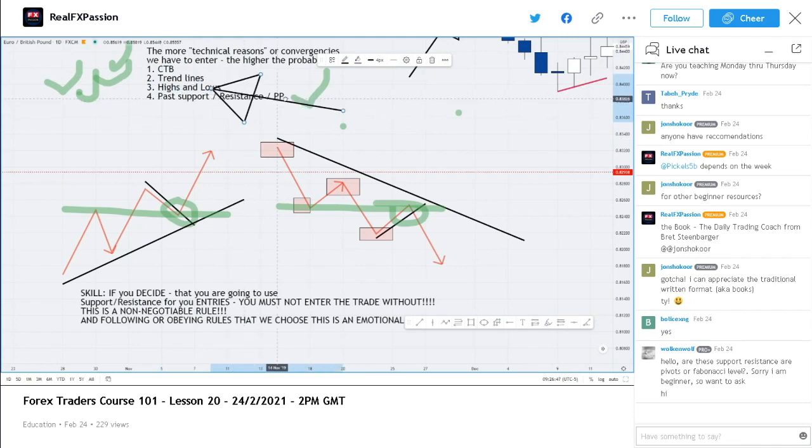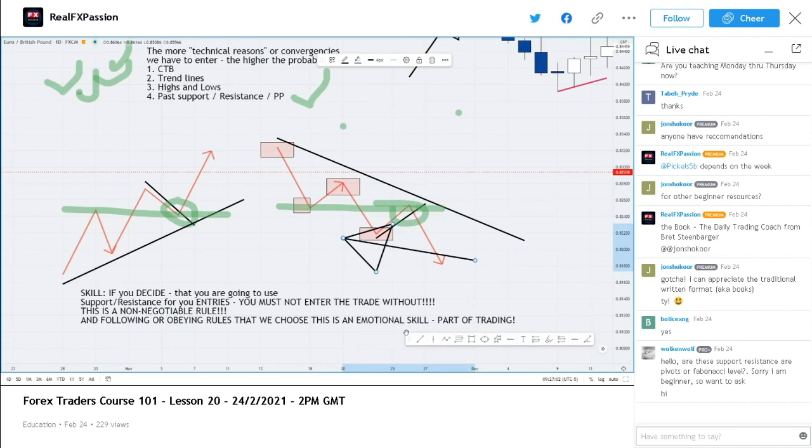I need to check the highs and the lows, like is the market continually making lower lows, lower highs in a downtrend? And in order to enter, I need to see the market connecting to past resistance. And here is Fxpassion telling me that if I decide, it's a decision, that I'm going to use support, resistance, and pivot points for my entry, I must not enter the trade without.